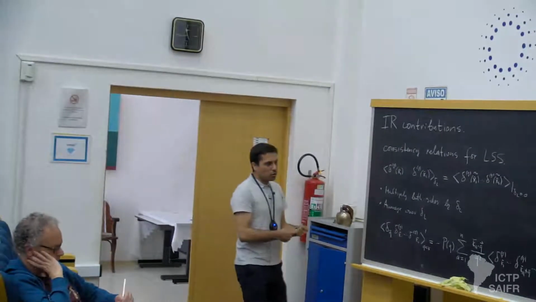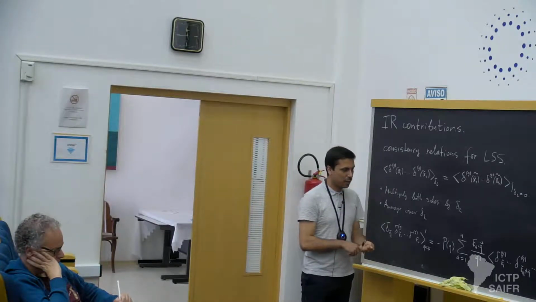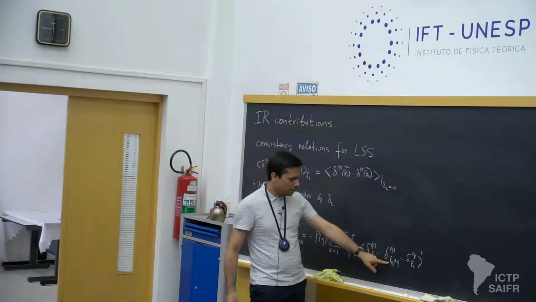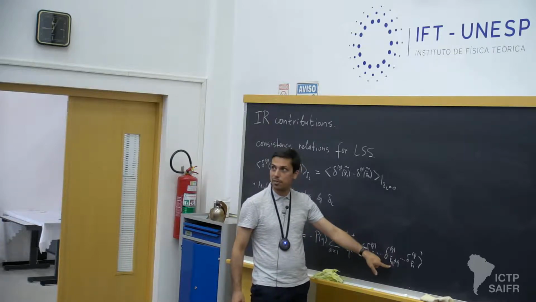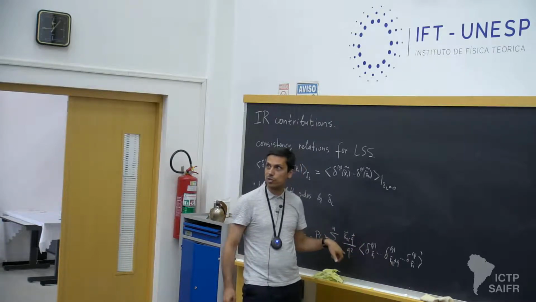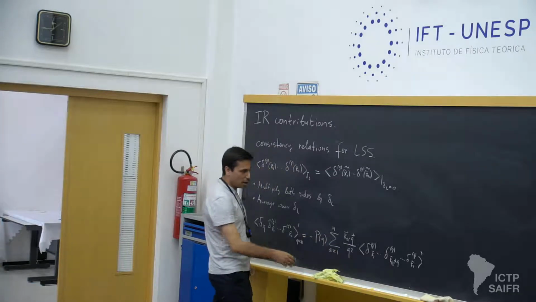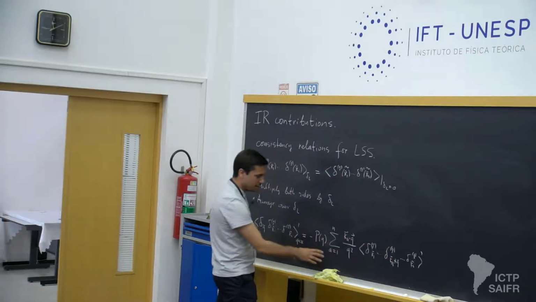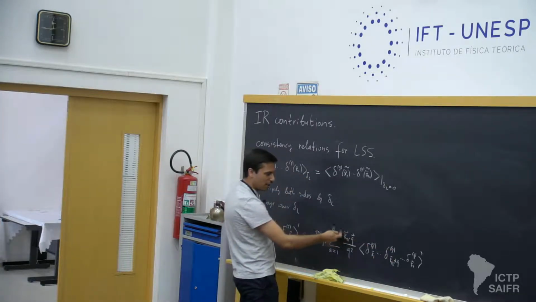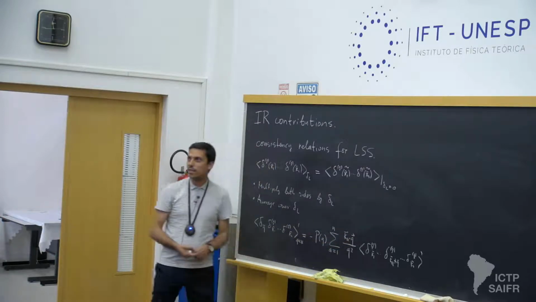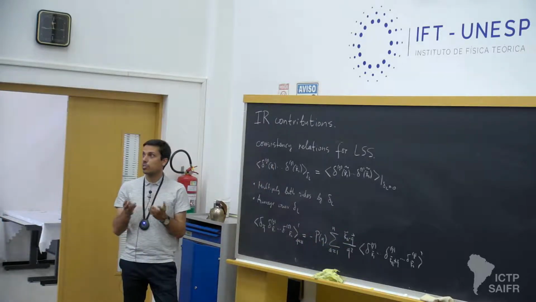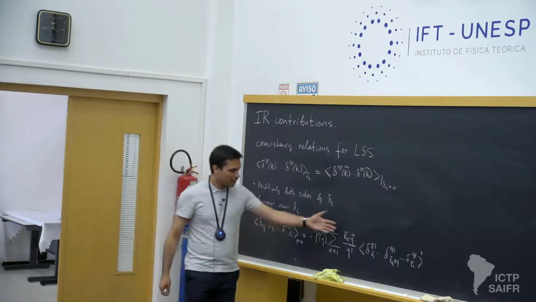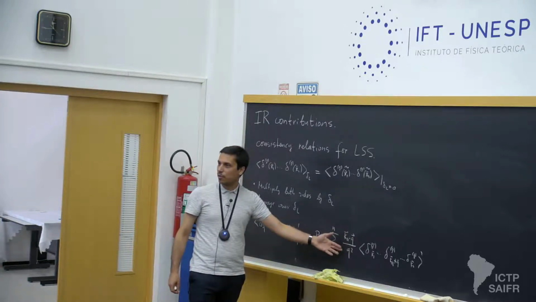And now you can see the following thing: if I assume that delta of K_A plus Q is approximately delta of K_A when Q goes to 0, then basically this can go outside the sum. I have a sum over all K_A, and this just gives me basically almost 0, minus Q, if you want, by momentum conservation. And therefore, this enhancement goes away.